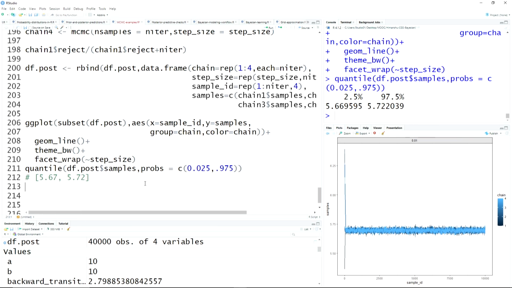Okay. So you can also visualize the histogram of our posterior distribution.